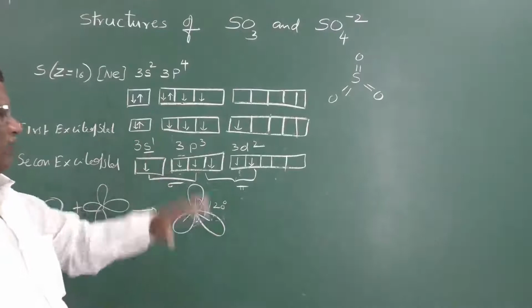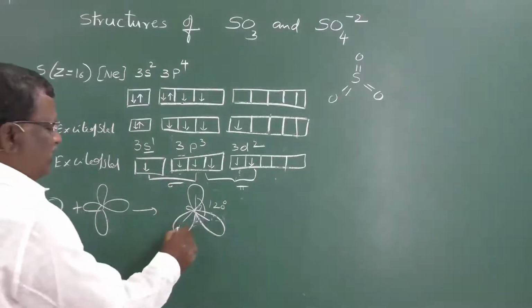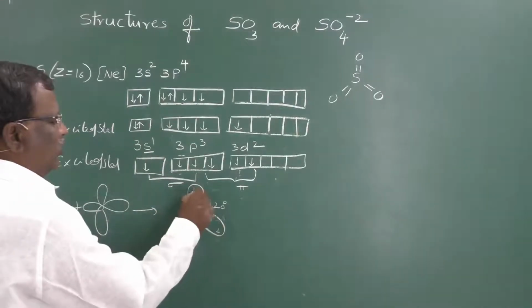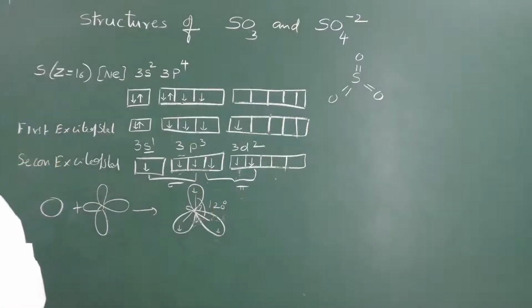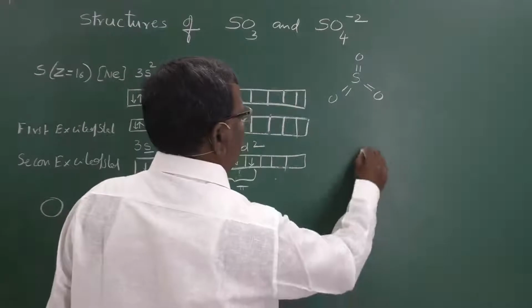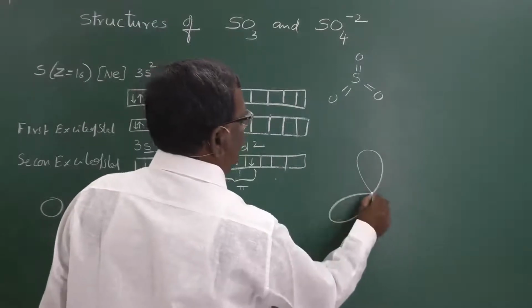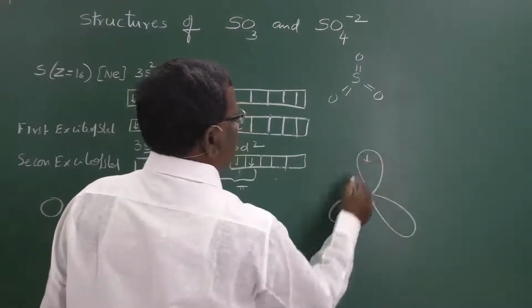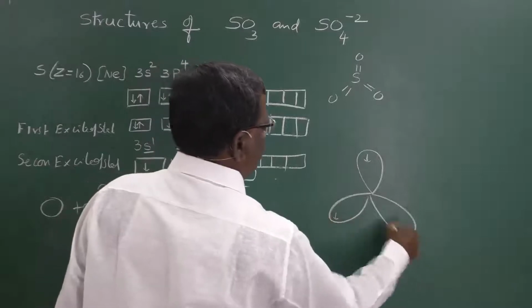Now, if sp2 hybridization is formed, each hybrid orbital will have one electron. Here in the central atom, sulfur, we have three hybrid orbitals with half-filled electrons.